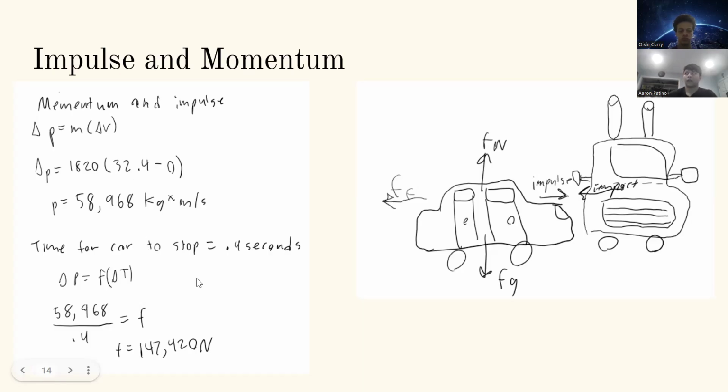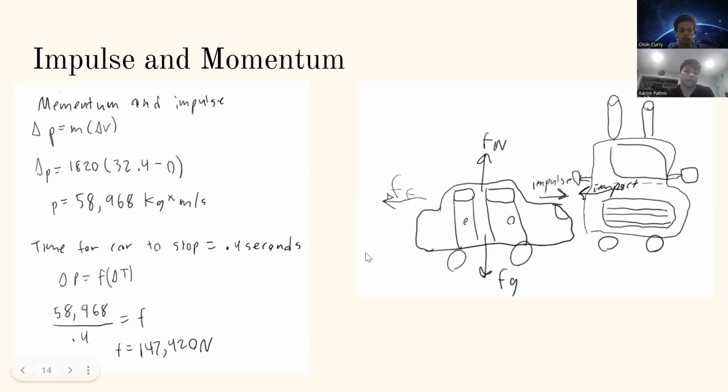When the car collides with the truck, it takes about 0.4 seconds for the car to stop and change its direction. So we could calculate the newtons enacted on the car when we use the momentum value and the change in time.